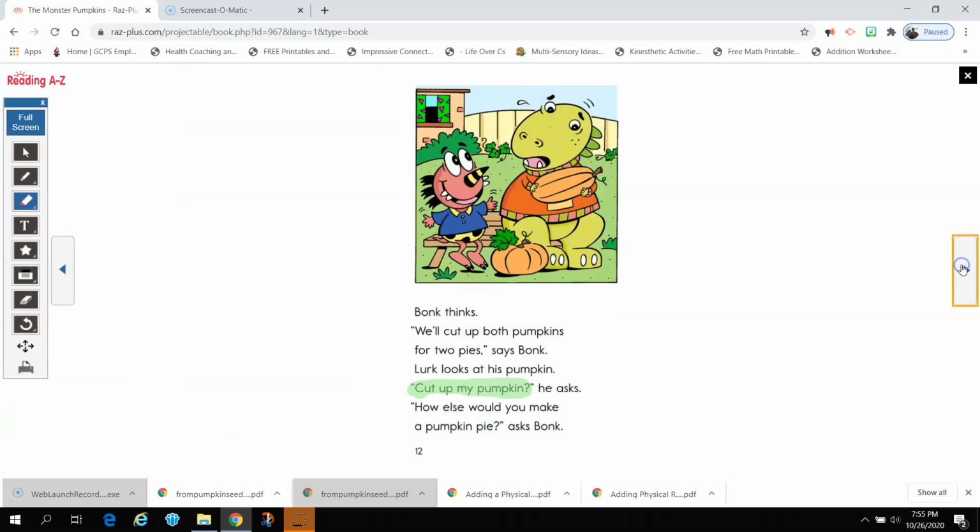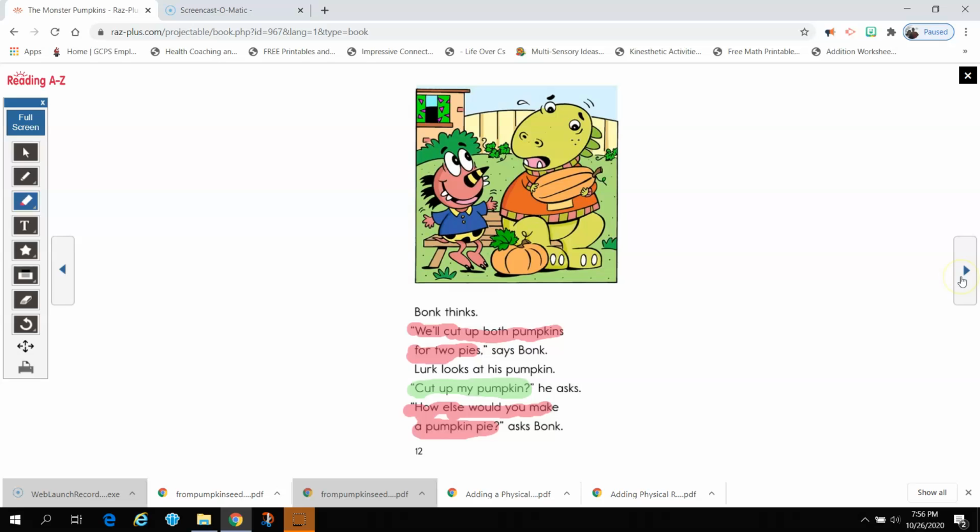All right. So on this page, we see Bonk said, "We'll cut up both pumpkins for 2 pies." Now remember, Lurk asked the question, "Cut up my pumpkin?" because Lurk didn't really want to cut it up. So look what Bonk said. "How else would you make a pumpkin pie?"